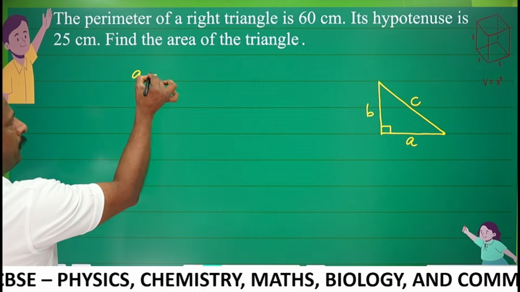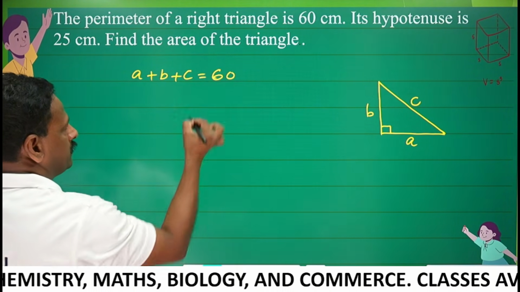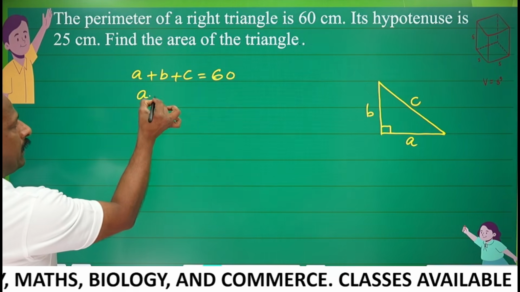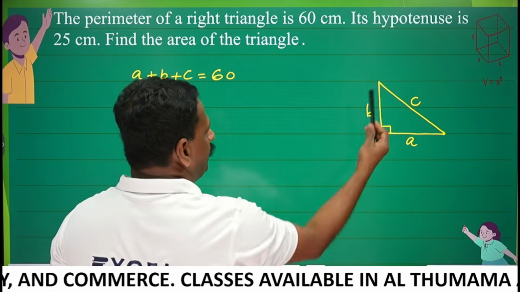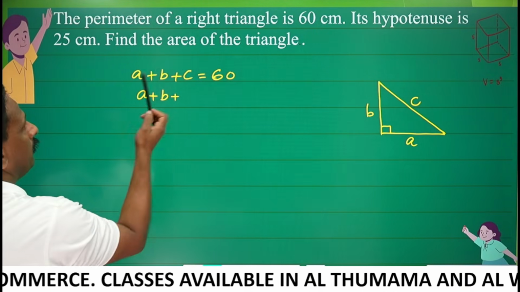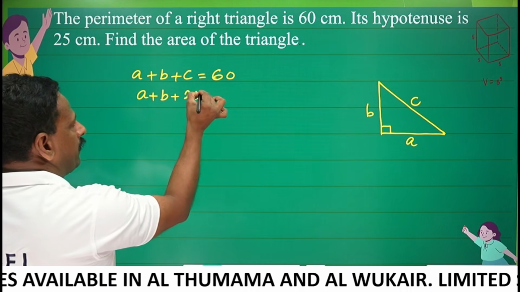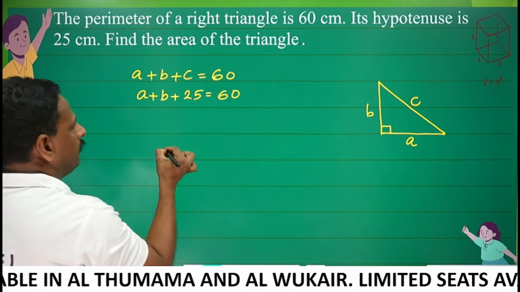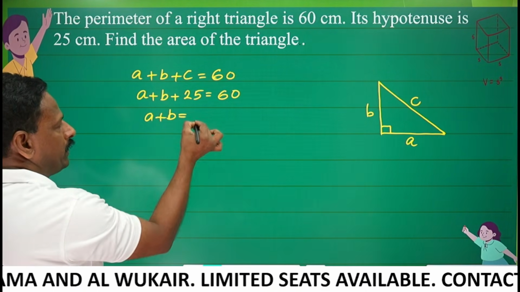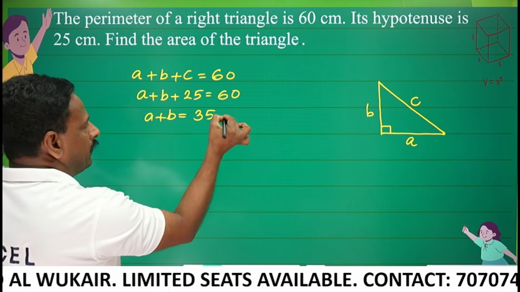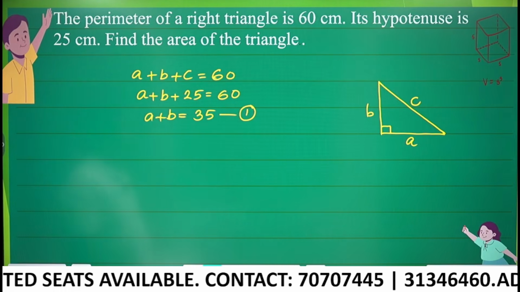C, the hypotenuse, is 25 centimeters, so A plus B will be 60 minus 25, which is 35. So we got an equation in A and B.